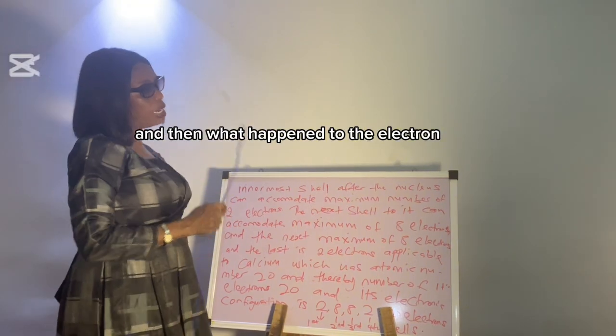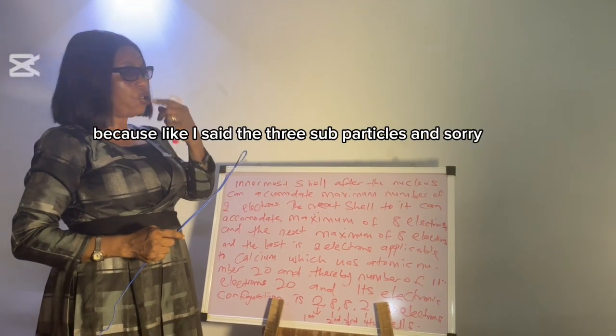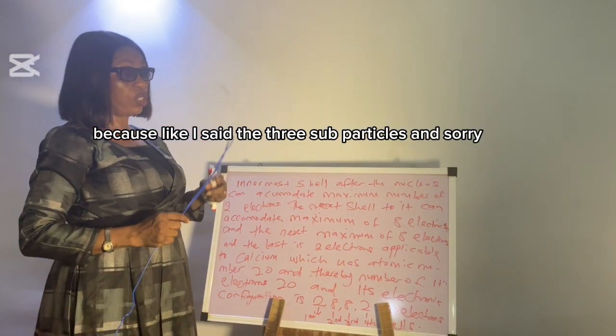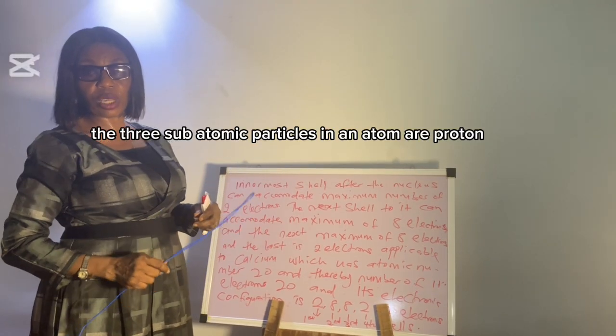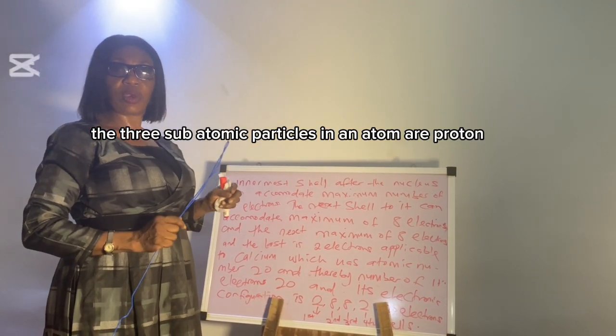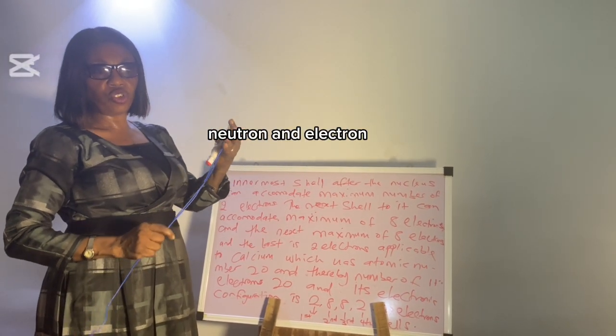And then what happens to the electron? Because like I said, the three subatomic particles in an atom are proton, neutron, and electron.